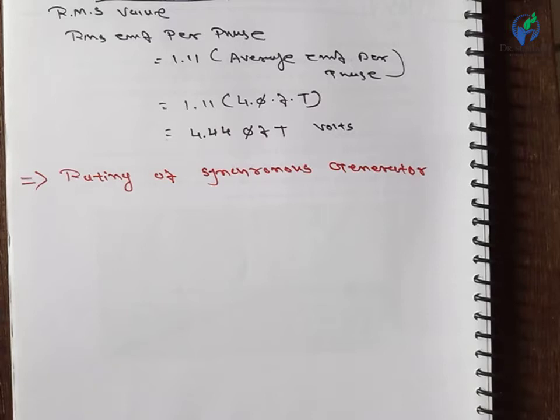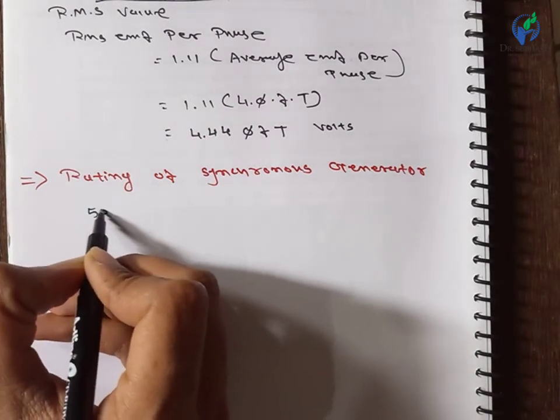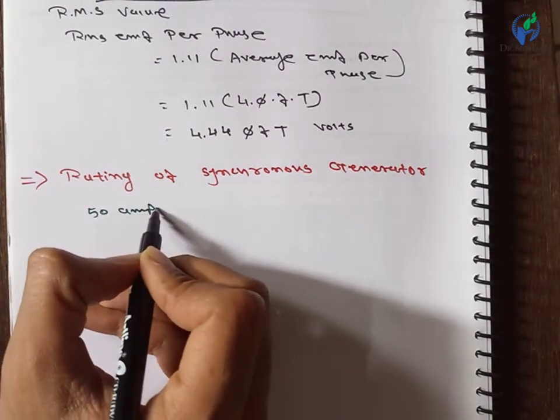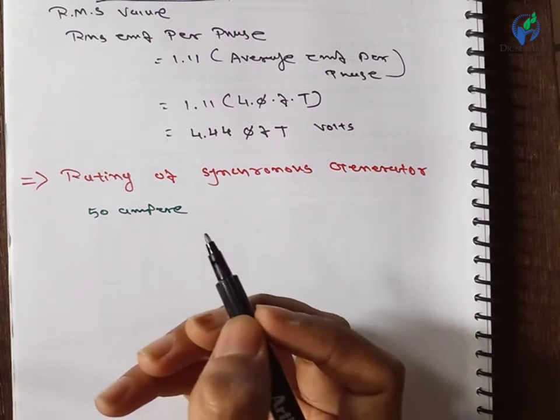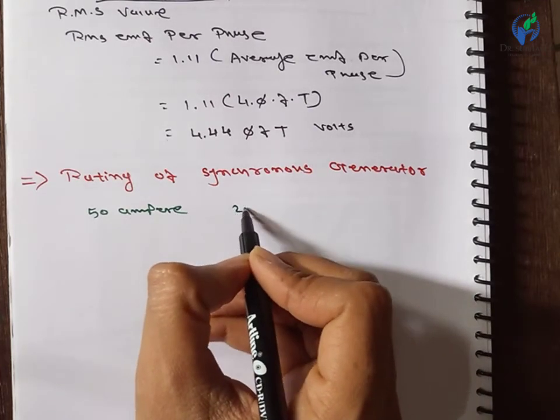Now we consider a synchronous generator with a rated current of 50 ampere and rated voltage of 230 volt.